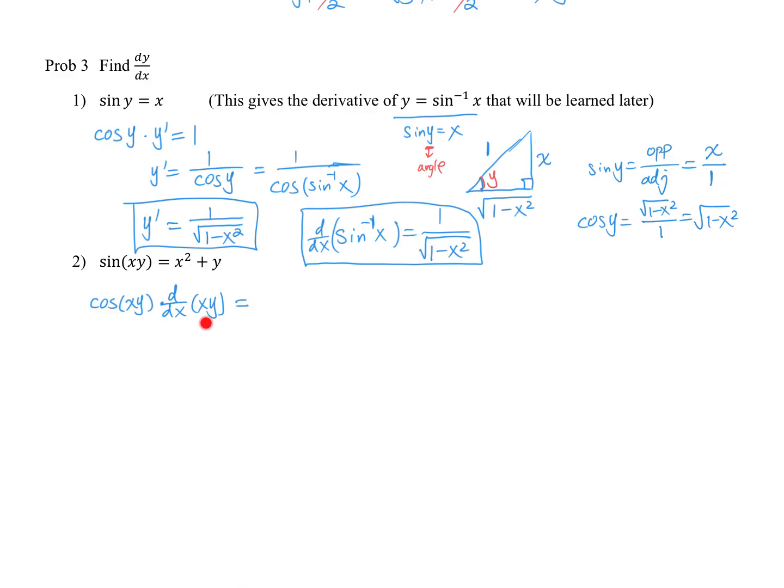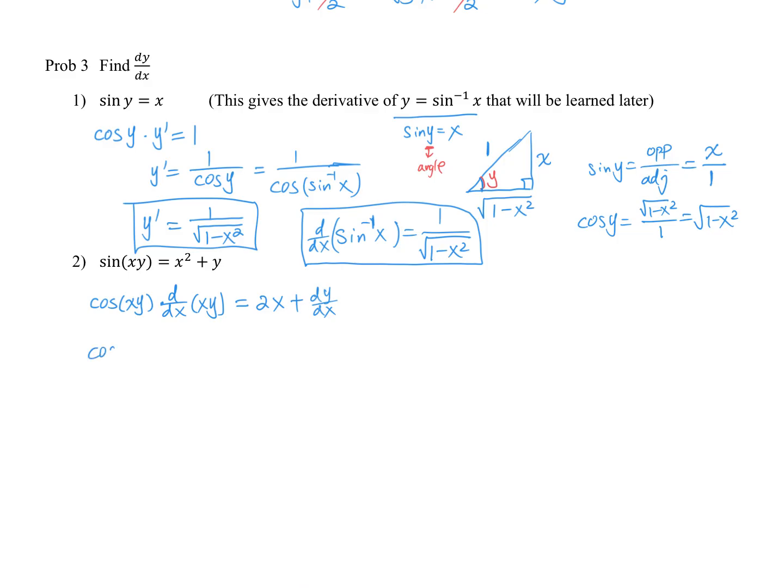So I'll do another step to find the derivative of this product. The right-hand side, the derivative of x squared with respect to x will be 2x plus the derivative of y, which is y prime, or just say dy dx. I prefer to write y prime actually.